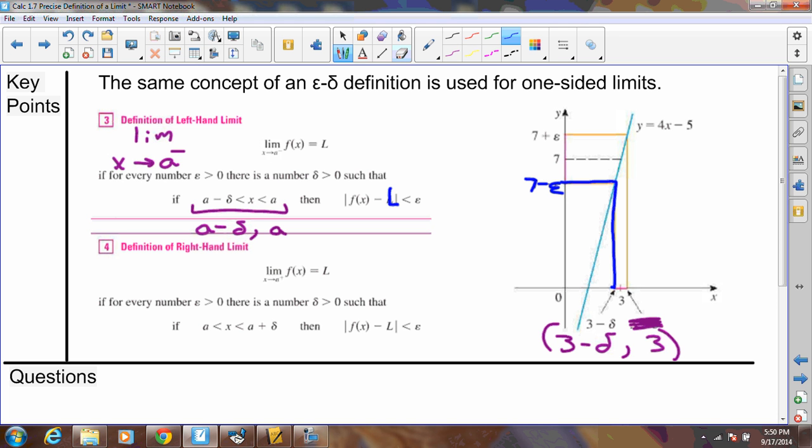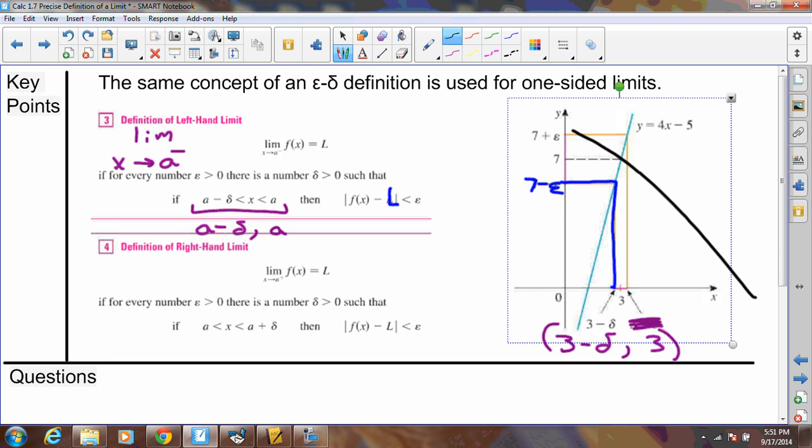If we had a decreasing function like this line, when we came up, we'd have to go above it and come over. Or let me redraw this so that it fits better. Here's our line. In this instance, when I come up from 3 and hit the graph and come over, I'm actually getting something that's a little bit above 7.